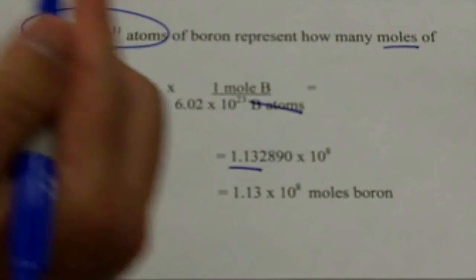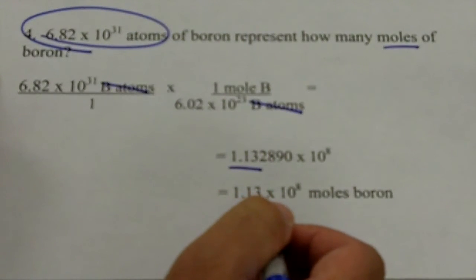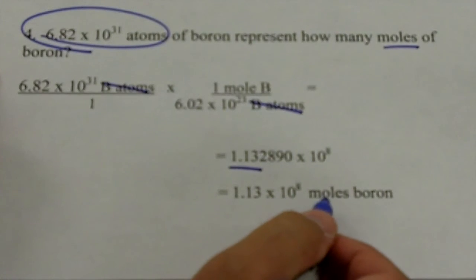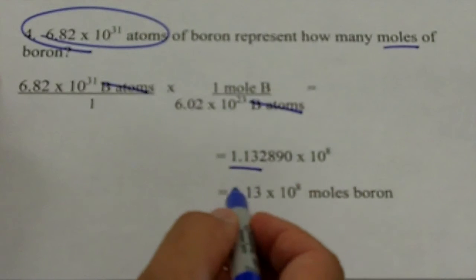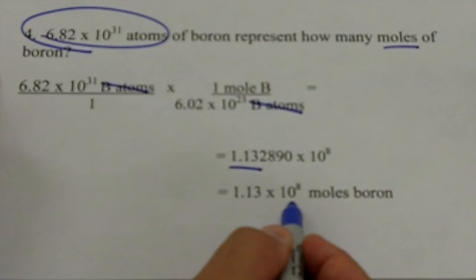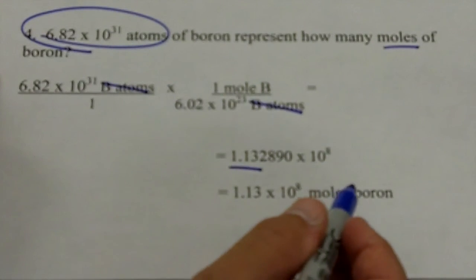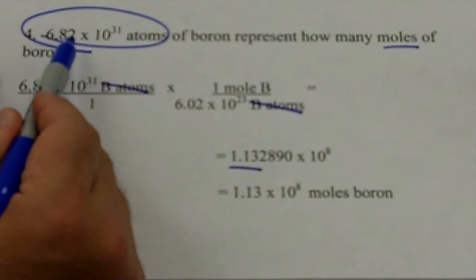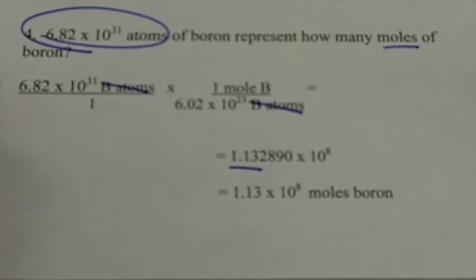The 1.13, the 2 is not big enough to kick that 3 up, so I have 1.13 times 10 to the 8th moles of boron, and I'm done. 1.13 times 10 to the 8th moles of boron is the number of moles of boron that 6.82 times 10 to the 31st atoms of boron represents.